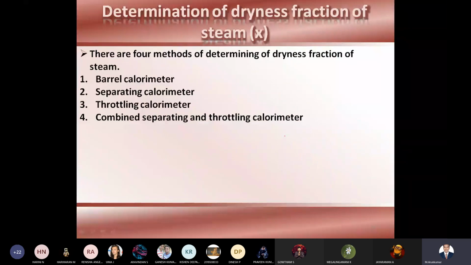Then, how can we determine the dryness fraction? So we have some experiments to calculate the X. There are 4 methods to determine the dryness fraction of steam. One is the barrel calorimeter, then we have the separating calorimeter, then the throttling calorimeter. And we have a combined separating and throttling calorimeter.